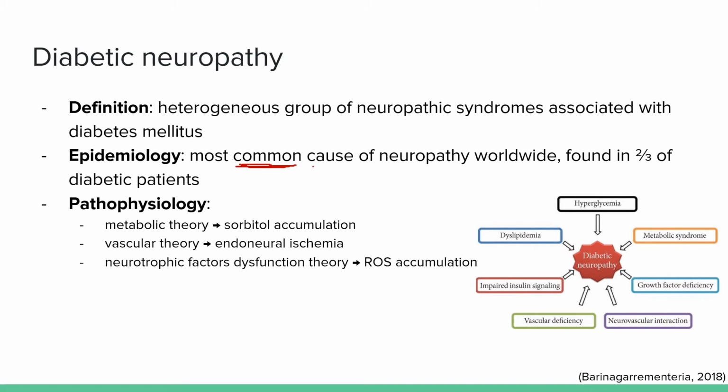Metabolic theory, where there is sorbitol accumulation, and then nerve lesions develop. And also the vascular theory, where there is endoneural ischemia, and the neurotrophic factors dysfunction theory, where there is ROS accumulation and lesion to the nerve also.